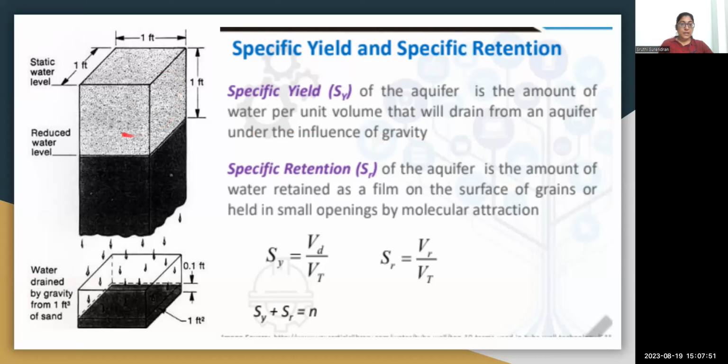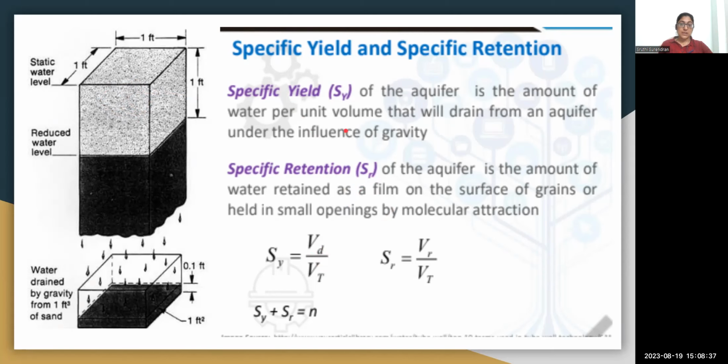If you take one unit volume of aquifer material, it can be 1 meter cube or 1 centimeter cube or 1 feet cube, then how much water is draining from this unit volume of the aquifer under the influence of gravity, where no other forces are applied? That amount is called the specific yield. And the specific yield is given by the volume of the water drained to the total volume of the aquifer material.